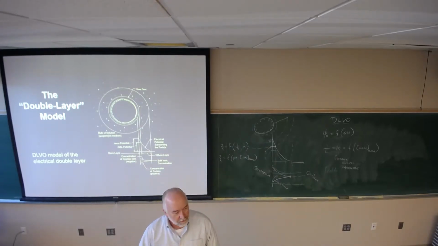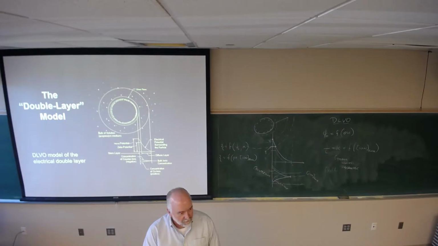How would you like to change the pH? All right, so what is my pH going to be in reference to? The point of 0 charge, right? I'm either going to shift the pH towards the point of 0 charge or away from the point of 0 charge.